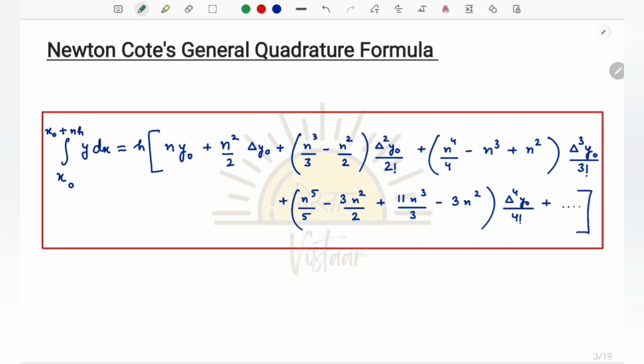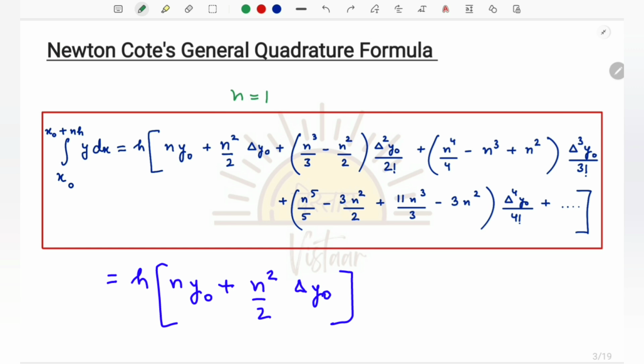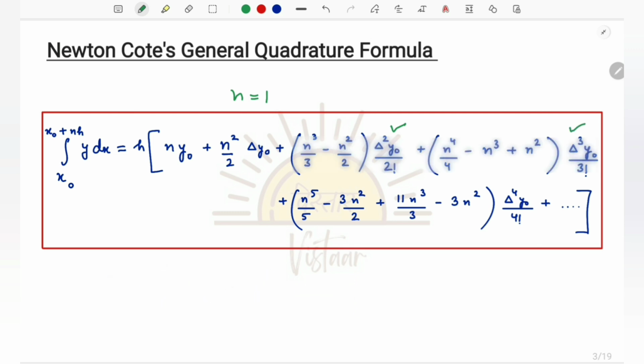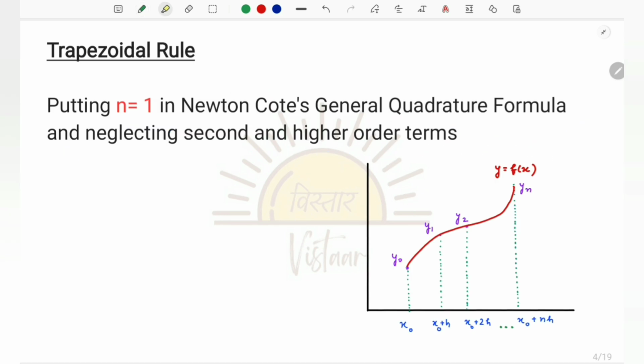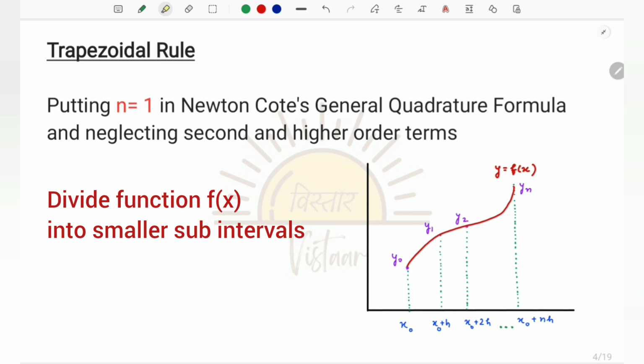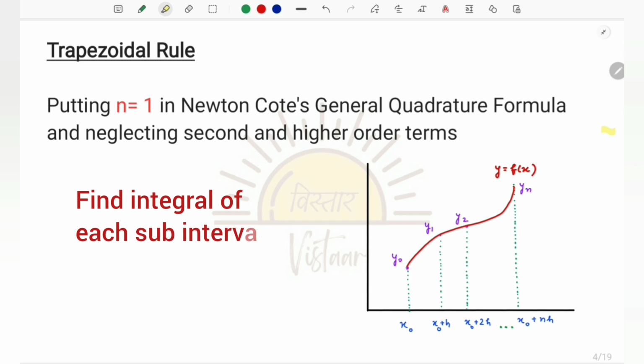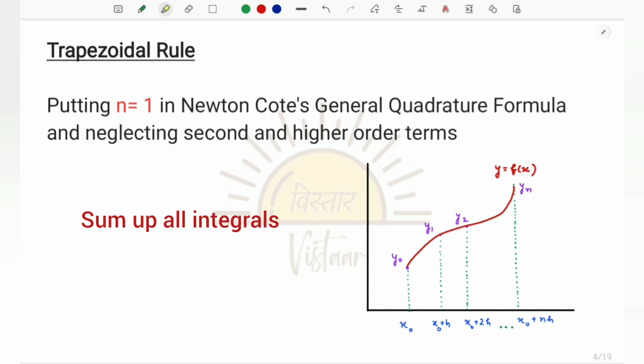So what we have to do in the trapezoidal rule is that we have to put n equal to 1 in the general quadrature formula, and then we have to neglect all the second and higher order differences like delta square y0, delta cube y0, delta raised to the power 4 y0, and so on. So basically what we are doing here is that we are dividing the complete function f(x) into smaller subintervals of the trapezoidal form, and we will find the integration of each of these subintervals independently, and lastly we will sum up all these intervals.